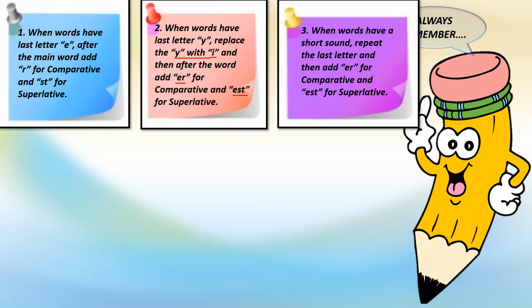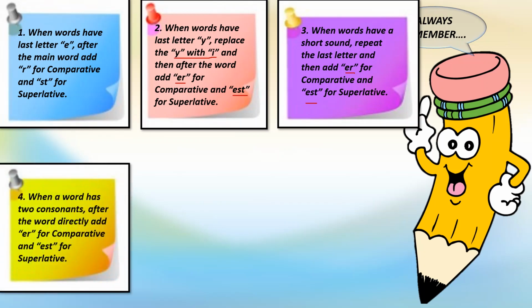That is, you're going to write the last letter twice, and then you will add the suffix ER to make it comparative, and the suffix EST to make it superlative. So these are the first 3 rules that we have spoken of.